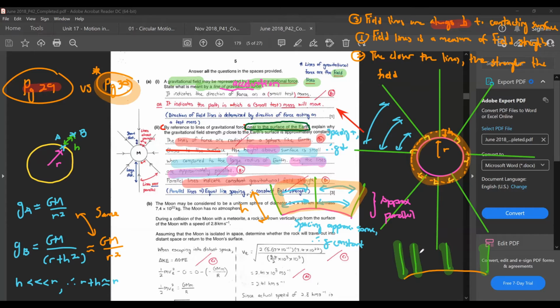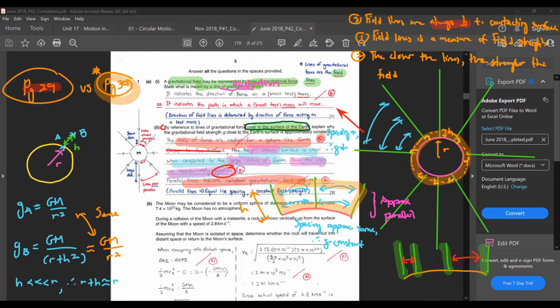But when I look at the line spacing, this line spacing versus this line spacing are not the same. So I cannot really say that the field strength is constant here, right? But for the purpose of your exam and the marking scheme, whenever they say that the lines are parallel, they by right assume that the spacing is equal. Okay, in case you're wondering.